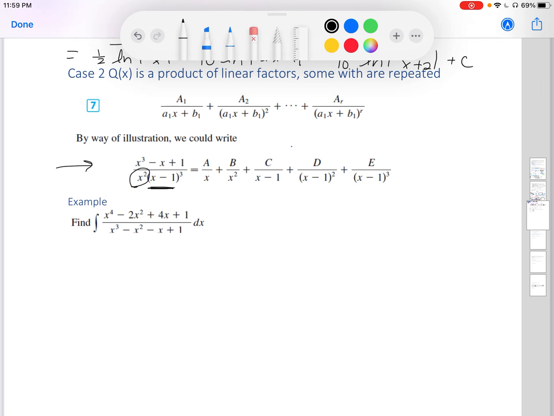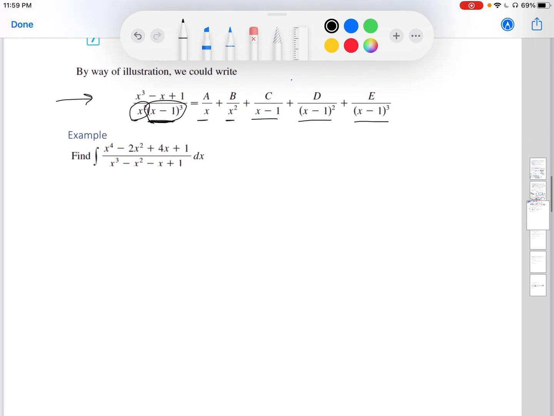Because we have the x squared, I have to write an x and then an x squared. Because we have x minus 1 cubed, I first have to write x minus 1, x minus 1 squared, and x minus 1 cubed. So I have to have a copy of each factor until I reach its highest degree. And that's if we have a factor that has, for example, a multiplicity in a sense.